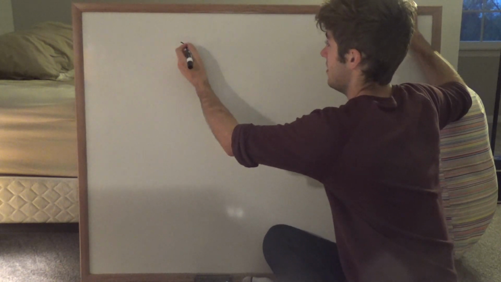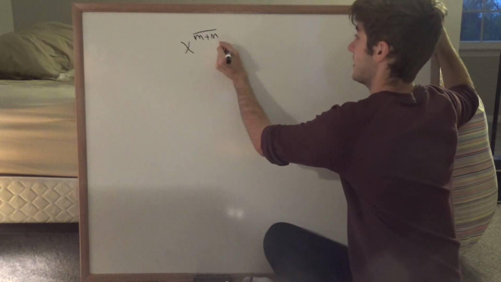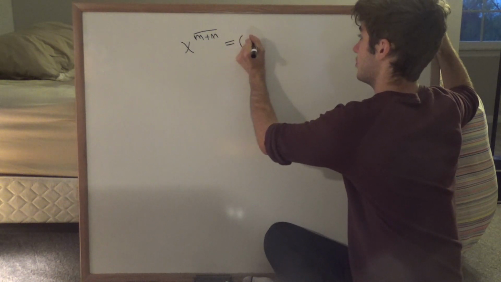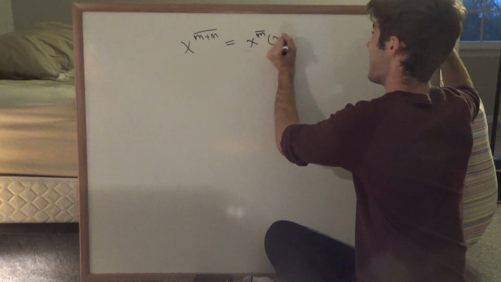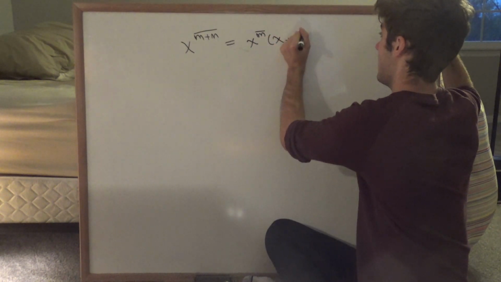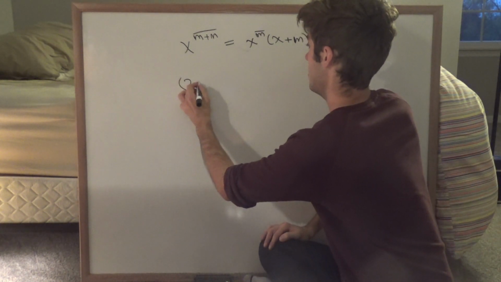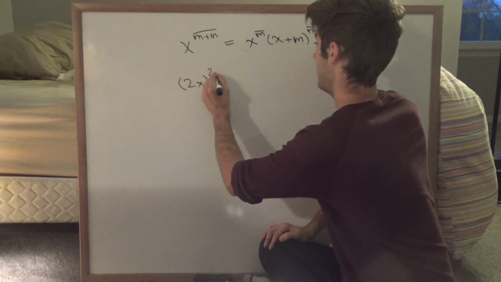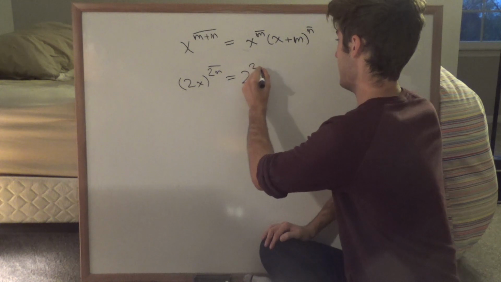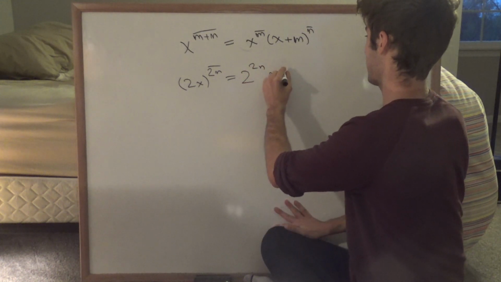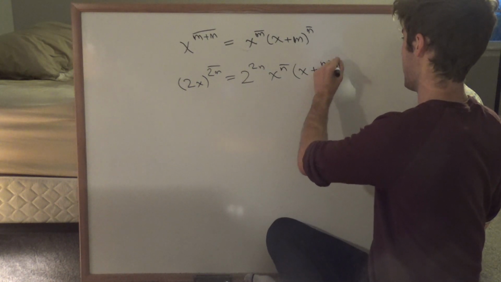The other thing that I said that was not correct is using this fact here, that the (m plus n)th rising factorial of x is equal to the mth rising factorial of x times the nth rising factorial of x plus m. I tried to use this to say that the 2nth rising factorial of 2x is equal to 2 to the 2n times the nth rising factorial of x times the nth rising factorial of x plus n over 2.